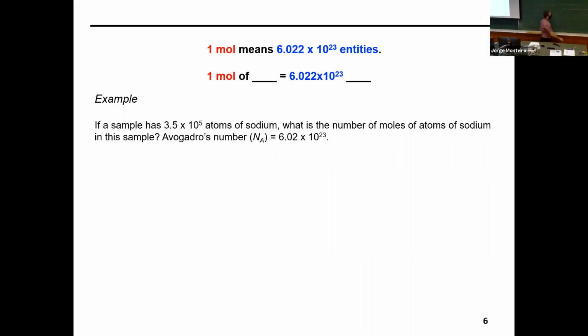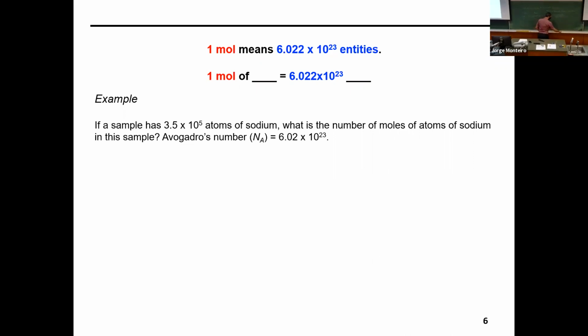Let's isolate x. That's going to send 6.02 times 10 to the 23rd dividing. So we will end up with 1 mole times 3.5 times 10 to the 5th atoms divided by 6.02 times 10 to the 23rd atoms.